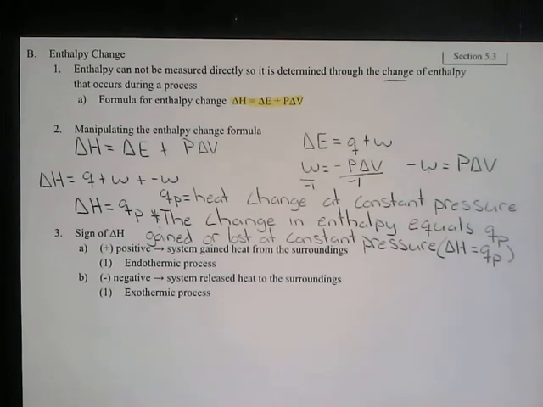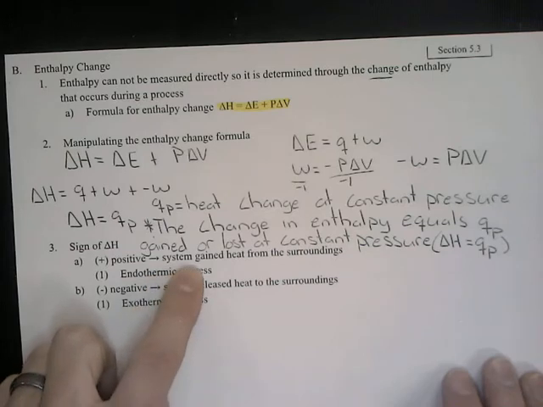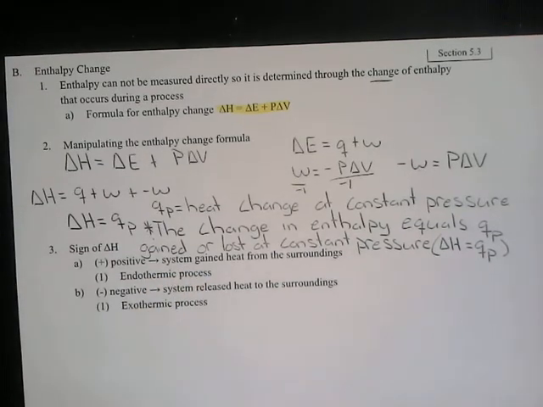Now, like always here with our terms in thermochemistry, it's really important to associate the sign with what we have here. So a positive delta H, I know I didn't have you write this down, but this means that the system gained heat. It got hotter. And a negative delta H means the system released heat or it got cooler.